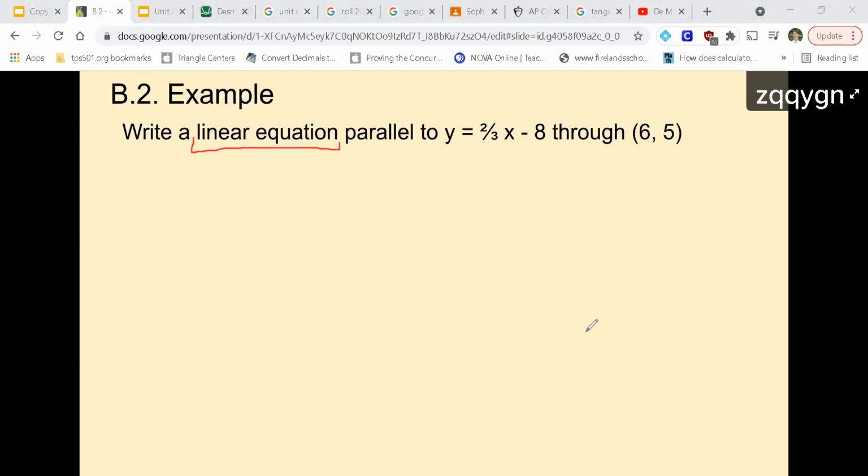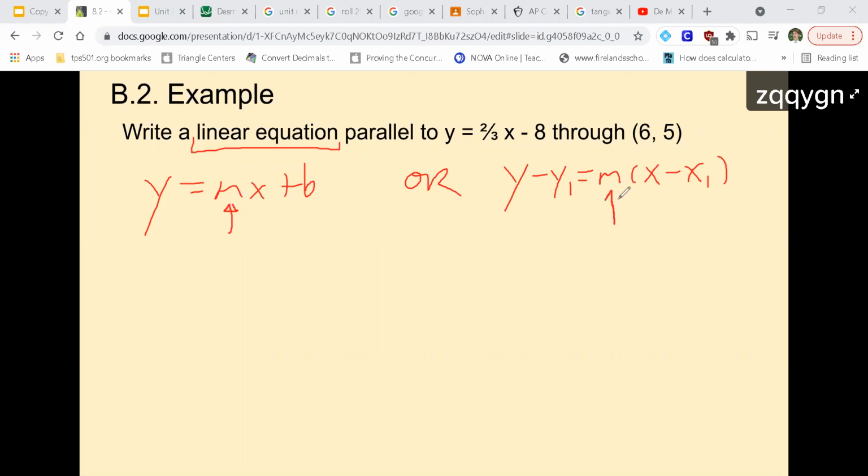You can write your linear equation as y equals mx plus b, or y minus y1 equals m times x minus x1. You choose which one you want to use. That's what we're going to walk through. The first thing, though, is not different. The first thing you need to do for both of them is find the slope.